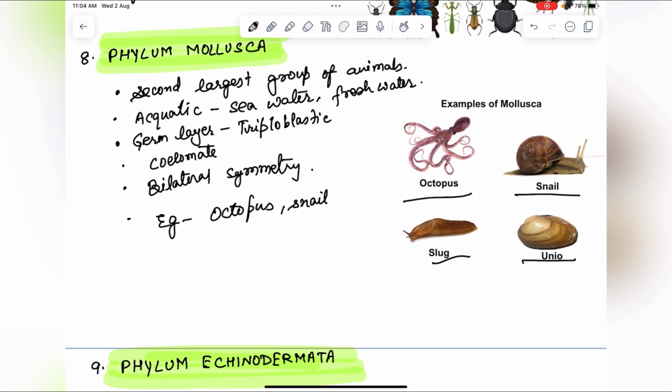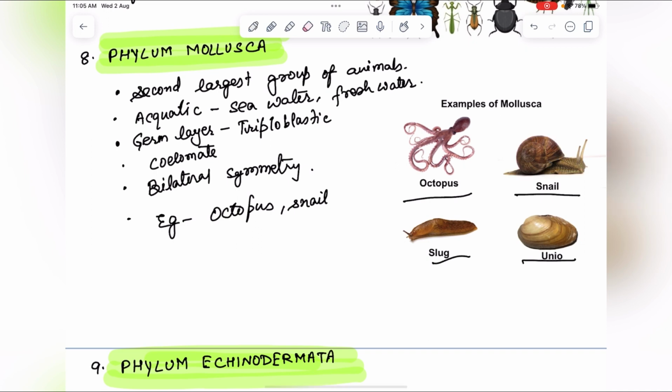Their body is covered with shell and their soft body is under this hard part. Their body is called visceral mass. Can you see? Their soft body is called visceral mass or hump.